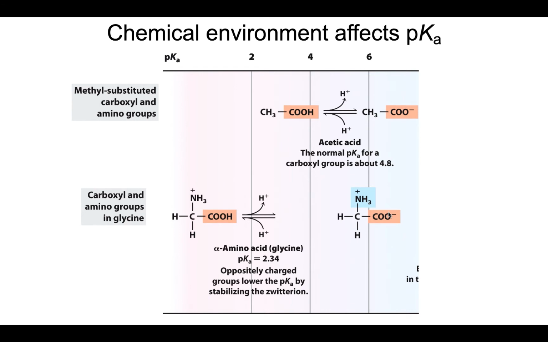In essence, we're making it much easier for the carboxyl group to be deprotonated when we compare it to a situation where it's not very close to an amino group. So between the repulsion going on here and the stabilization going on here, we are making it easier for that carboxyl group to lose its proton, which means we are lowering its pKa. And sure enough, when you measure the pKa of this carboxyl group in this chemical environment, it's 2.34. That's a pretty big difference. And again, it's because of the chemical environment.